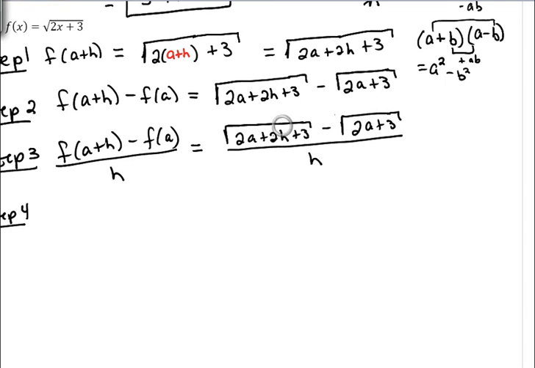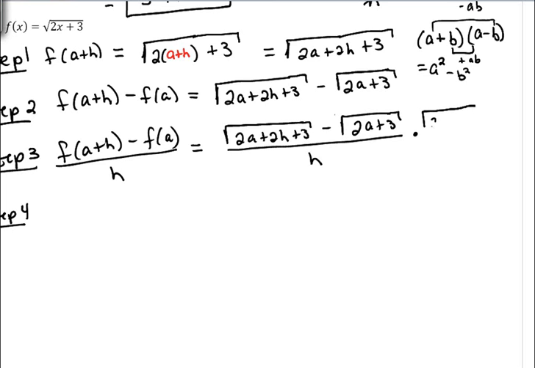So this square root is going to be our a, and this square root is going to be our b. When we square, the square roots will cancel with the squaring, and so we'll get rid of our square roots like we want to do. So we're going to take this expression and multiply it by the conjugate of the numerator, which is just the numerator, only change the sign in the middle.